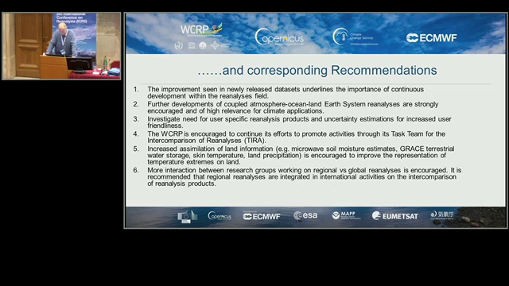And finally, more interaction between research groups resulting in regional and global reanalyses is encouraged. And somehow it's hoped that the international activities on intercomparison can be extended to regional. I mean, the problem is you have a lot of different regional ones, so there will be some overlap, so there can be some intercomparison where there's overlap.